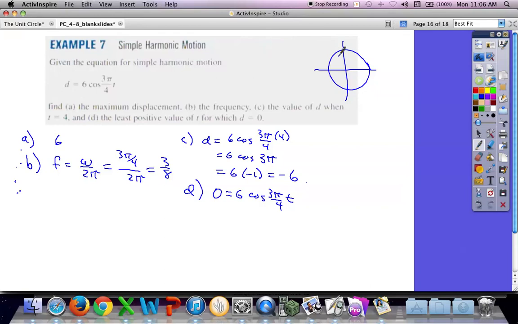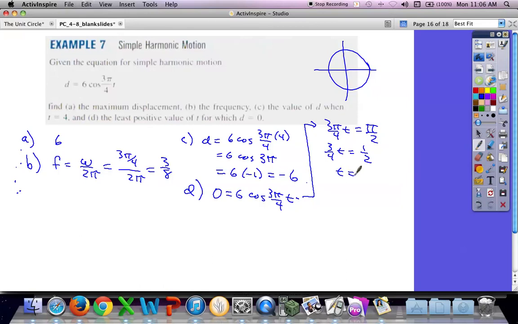So what we have to do is say, okay, that means 3 pi over 4 times t equals pi over 2. When this angle equals pi over 2, that's the first time. So you have to solve that for t. The pi's cancel. 3/4 t equals 1/2.